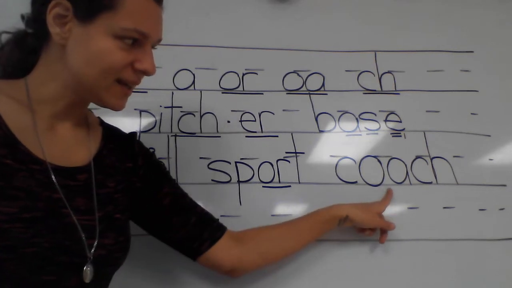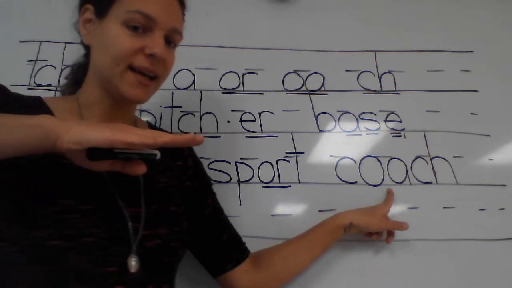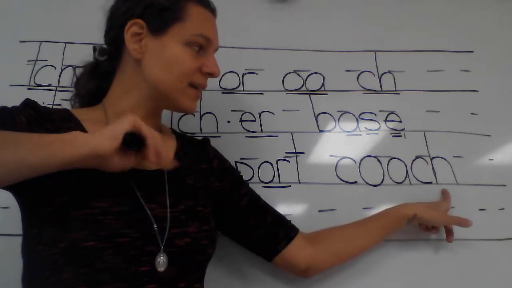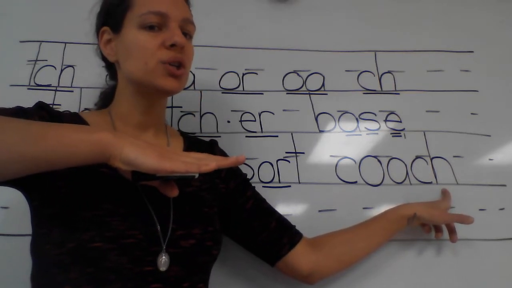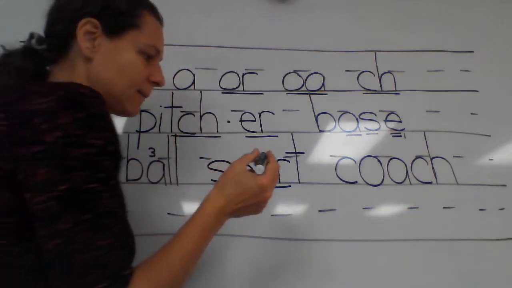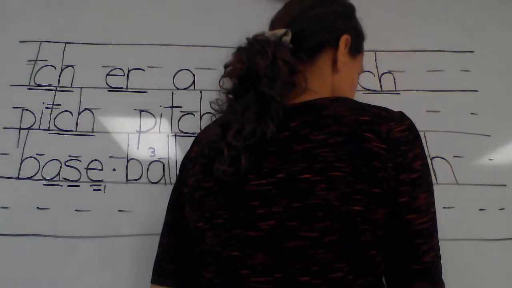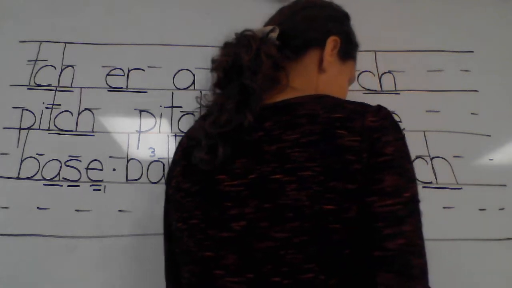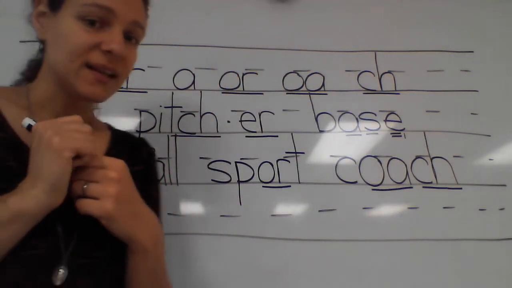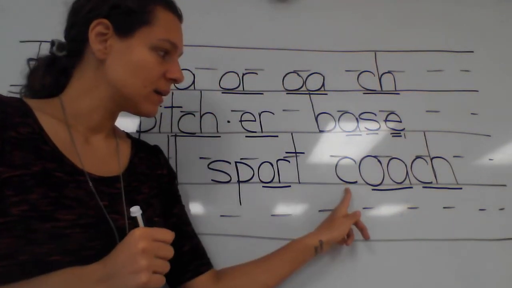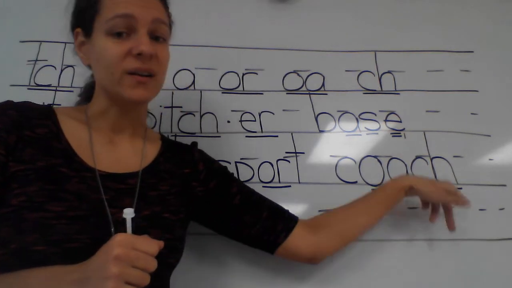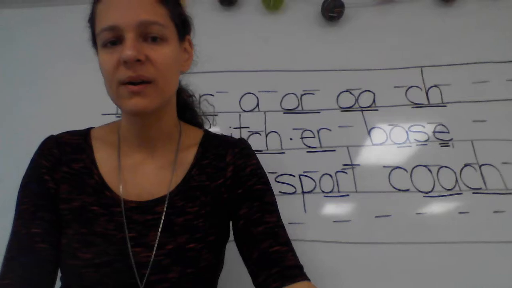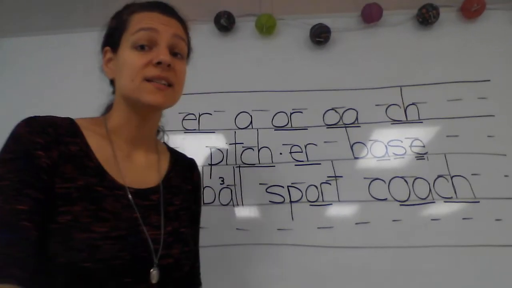How about this? Good, we need to underline our O, the O of boat. How about this? Good, we need to underline our ch, k, sh. Pick up your pencil. And let's read our word, class. Good, coach. All right, our last word for today is score.